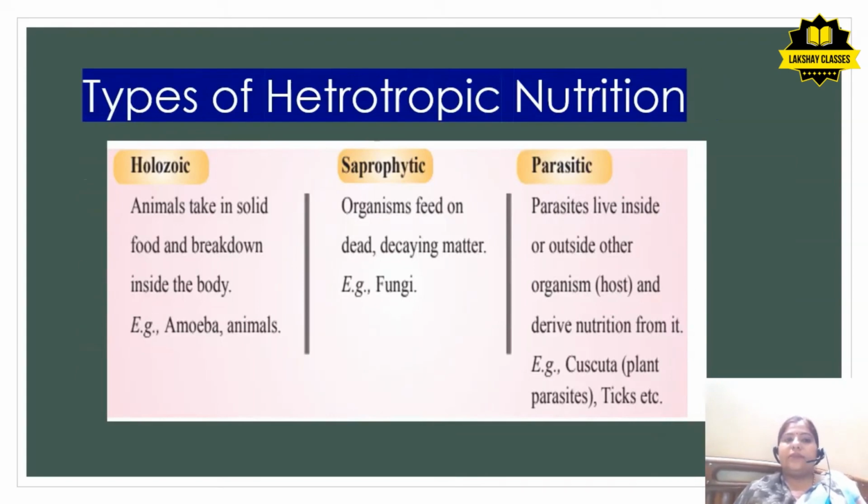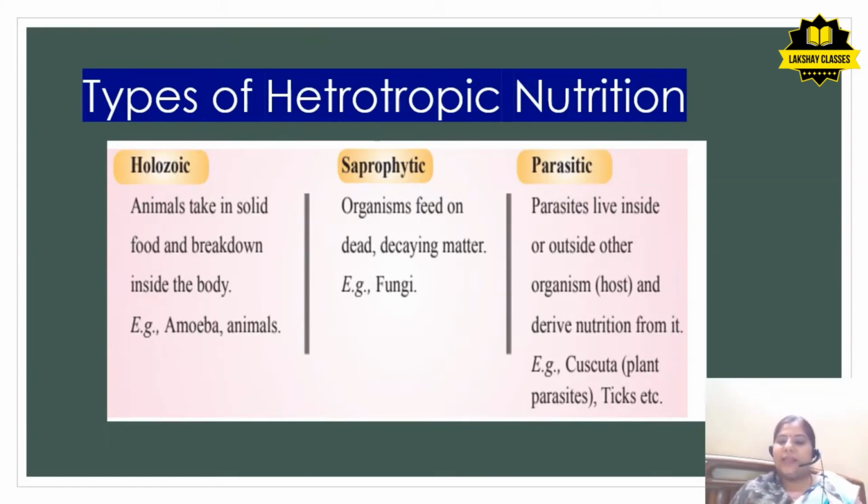Next, we have to understand the different types. So, one by one, we'll be understanding the definitions of types of heterotrophic nutrition. So, holozoic nutrition, as I already explained to you in the starting, is a type of nutrition which all of us are following.